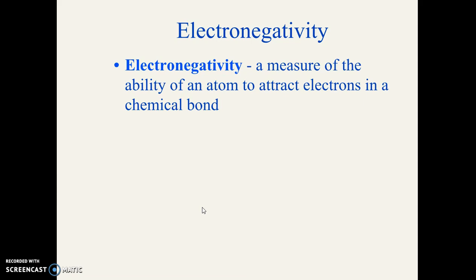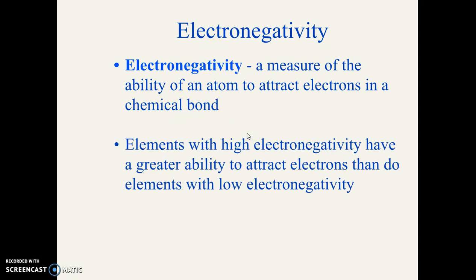So electronegativity is a measure of the ability of an atom to attract electrons in a chemical bond. So in order to measure electronegativity, you have to form a chemical bond, so noble gases are out. And elements with the highest electronegativity will have a greater ability to pull the electrons towards themselves. So the higher your value, the more electron hungry you are.